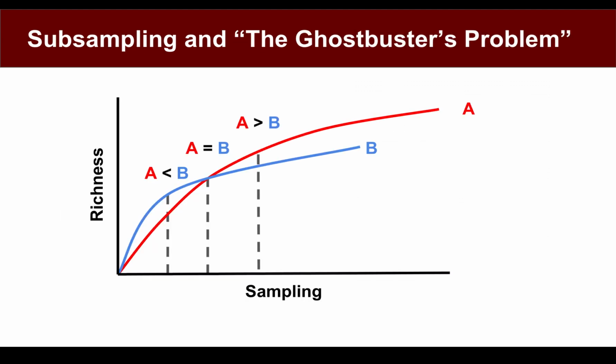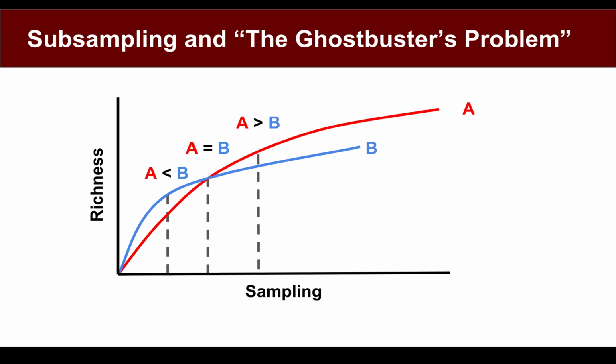So when we generate these sampling curves, and we can do this through either rarefaction or bootstrapping, we can end up with situations like this. This is something I call the Ghostbusters problem, which is a reference to an old film. If you know Ghostbusters, one of the plot points of the movie is that you shouldn't cross the streams of the proton packs.